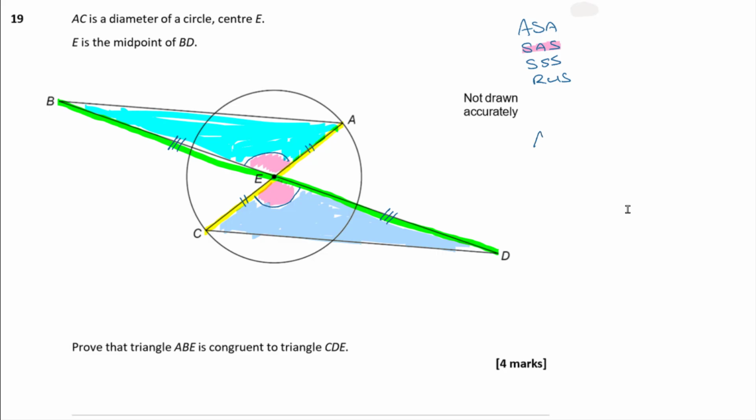I can say AE is equal to CE, and I can show that BE is equal to DE, and I know that angle BEA is equal to angle DEC. Okay, they're the two pink ones, and I'm just going to put in brackets, they are vertically opposite.